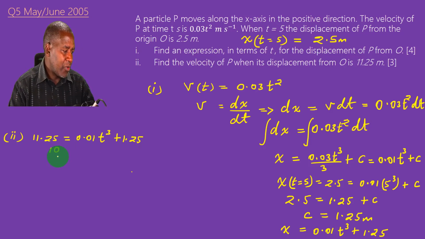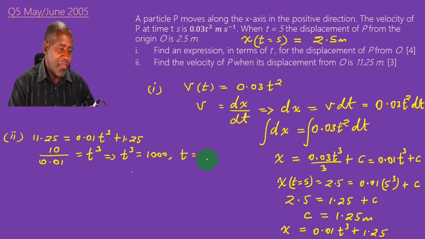I divide both sides by 0.01. I'm going to get t cubed. t cubed is equal to 1000. That means that the value of t is the cube root of 1000, which is 10 seconds.